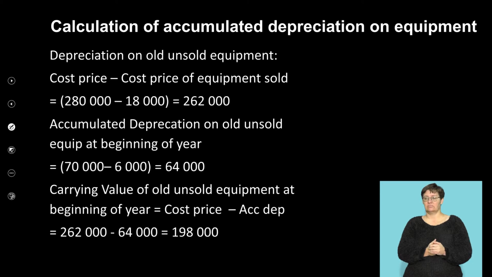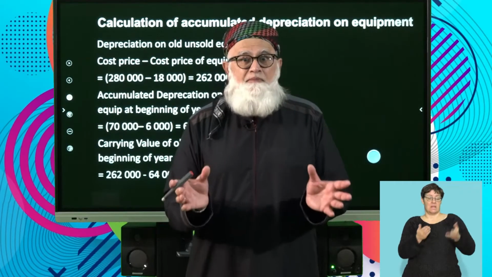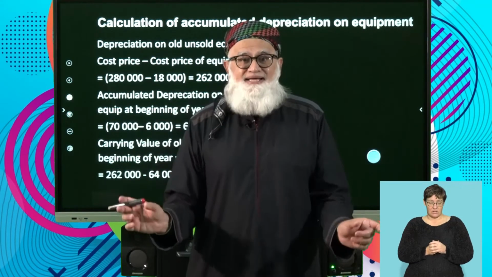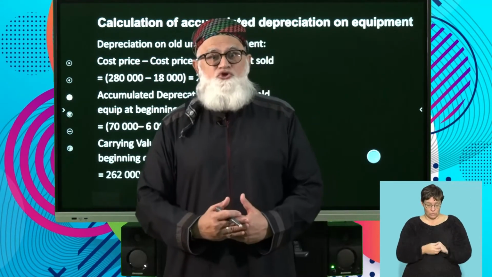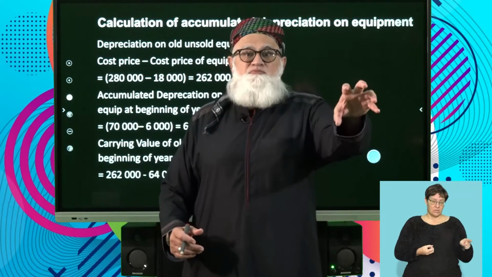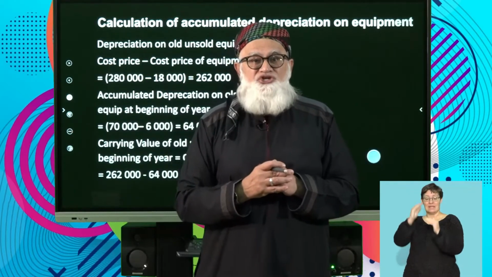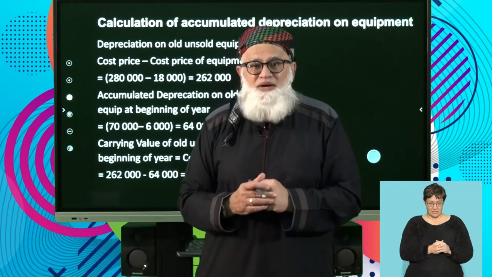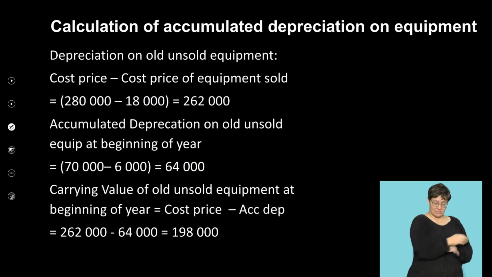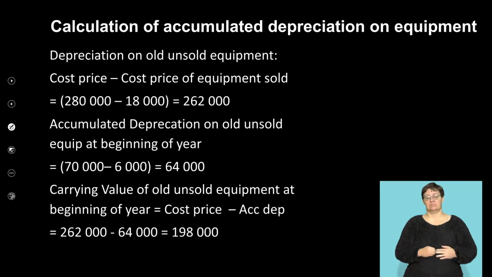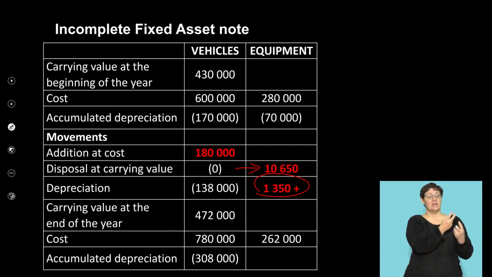So, because we are using the diminishing balance method, remember, it's 2 brackets. What do I mean by the 2 brackets? It's your cost price bracket and your accumulated depreciation bracket. So let's do the cost price bracket first. Here we go. The cost price of my equipment at the beginning of the year was 280,000.